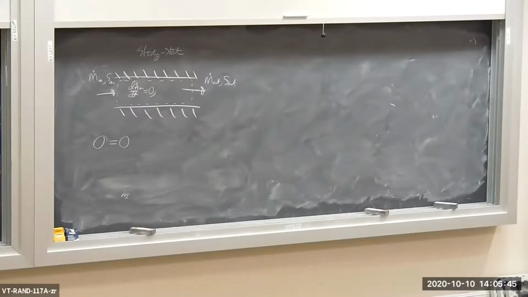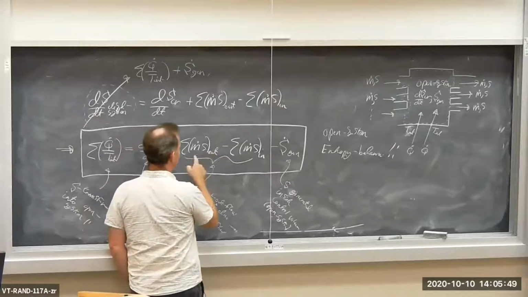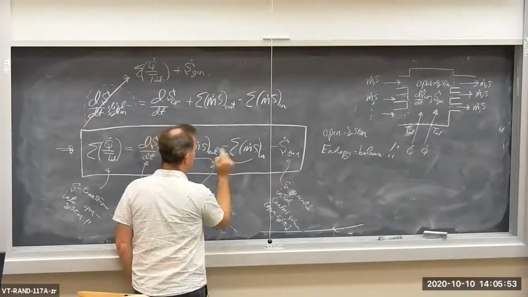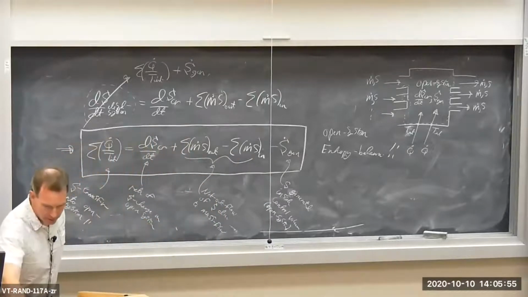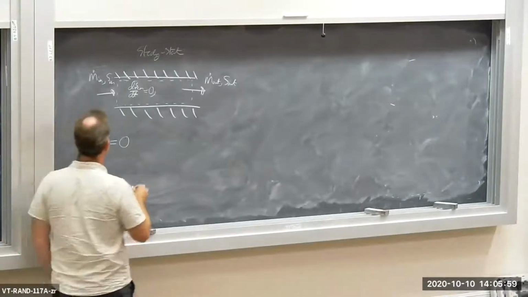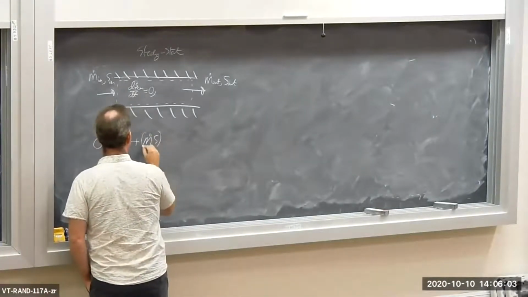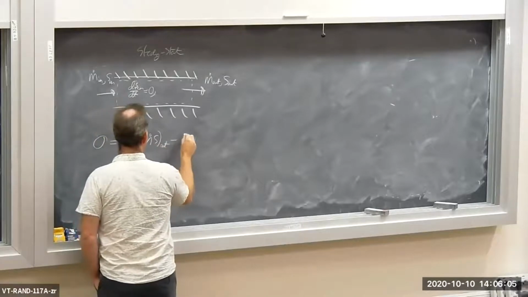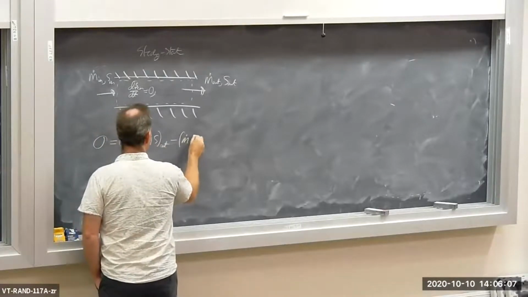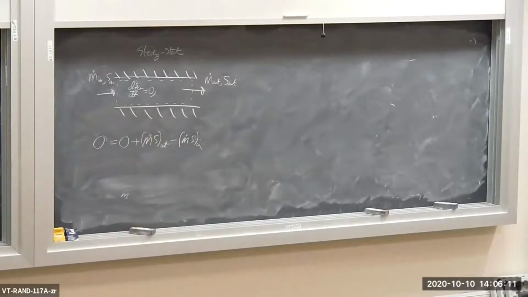Now I've got one inlet and one outlet, so the summations go away and I simply have a plus m dot s out minus m dot s in. That's what happens to the mass interactions there.